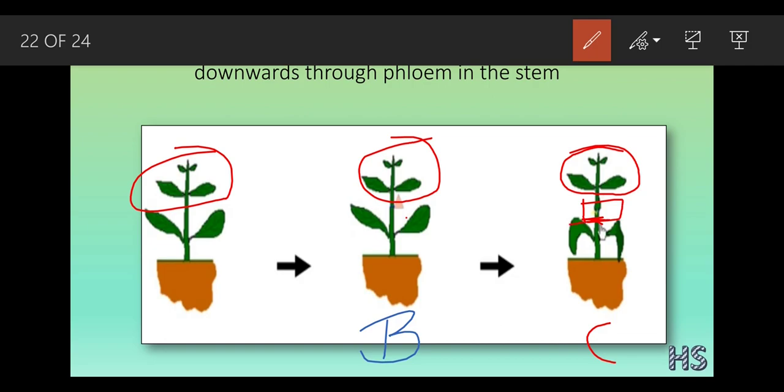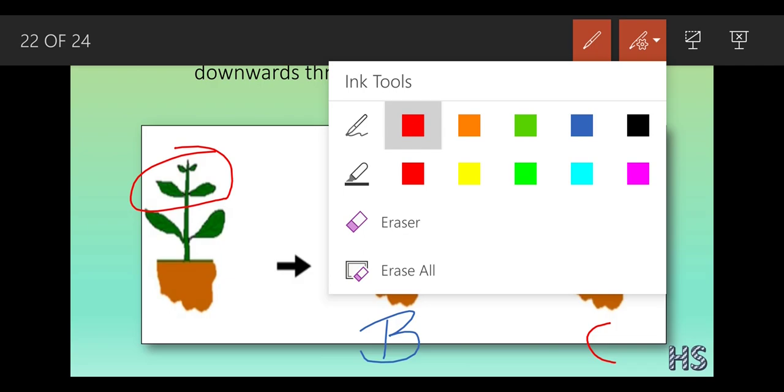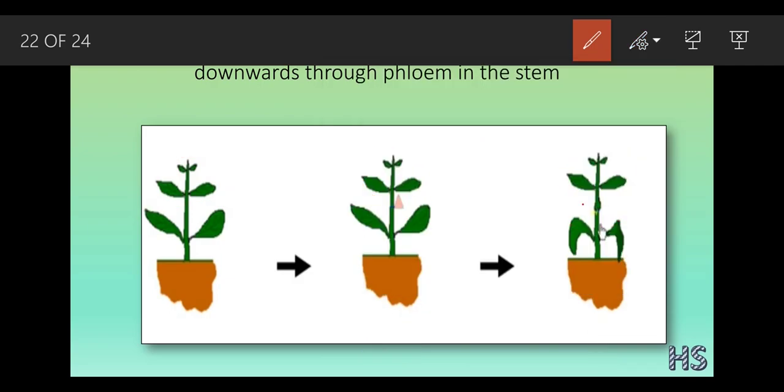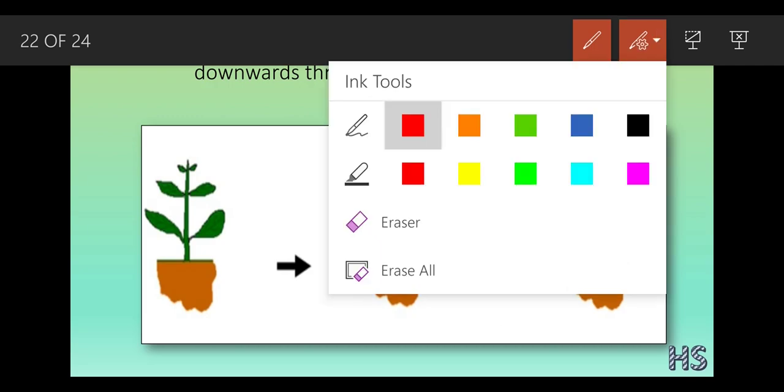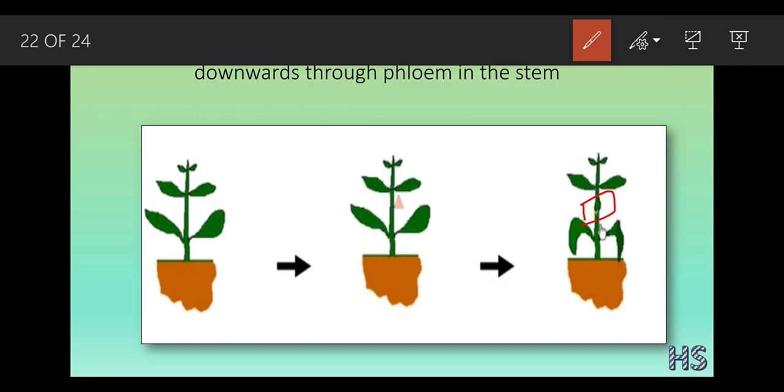I am going to make a box. It got perfectly swelled up, and because of this the plant got drooped down. This leaf part got drooped down.